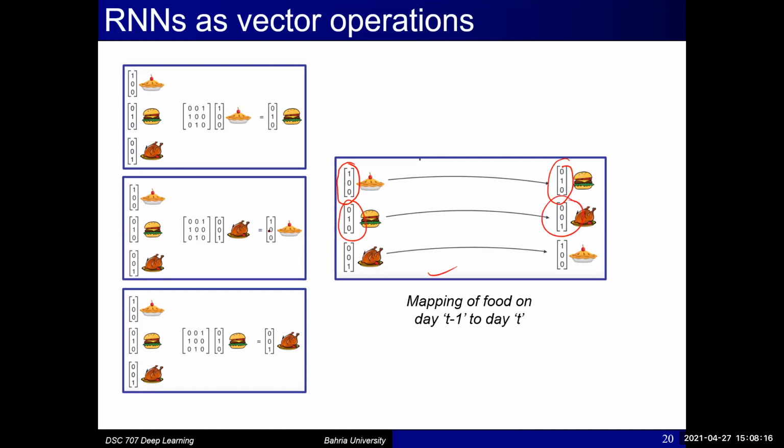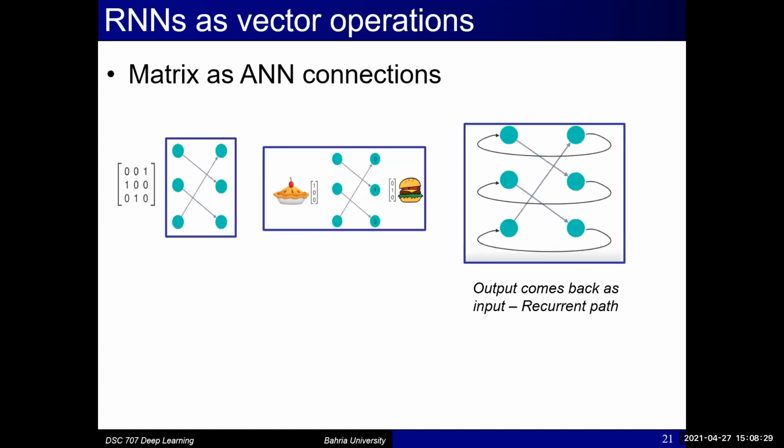Since again it's a small data, we can assume that someone told us that this is the matrix. Okay, so these are weight matrix. You can multiply this with the dish, you will get the next dish in the sequence, right? So we can represent this by a network like this, where we have 3 neurons here and 3 neurons here. Why 3? Because input is a dish, output is also a dish, and dish is represented by a vector.